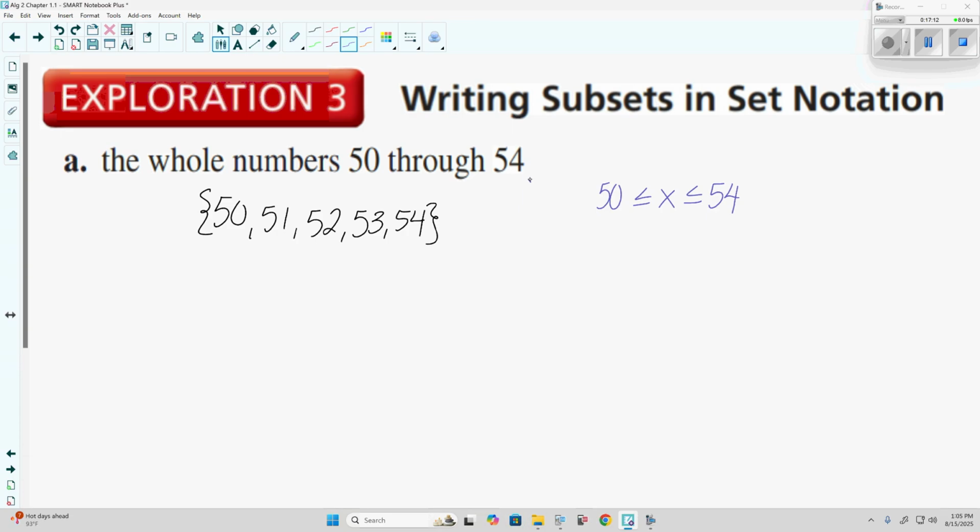And then we have to specify the set of all x in the whole numbers such that 50 is less than or equal to x is less than or equal to 54. I don't think that's any less complicated than this here. They're both the same.